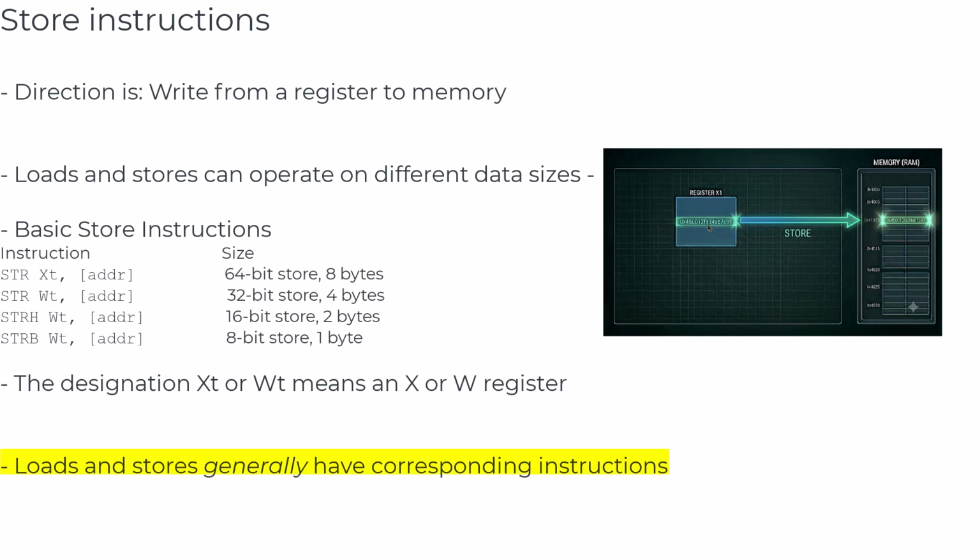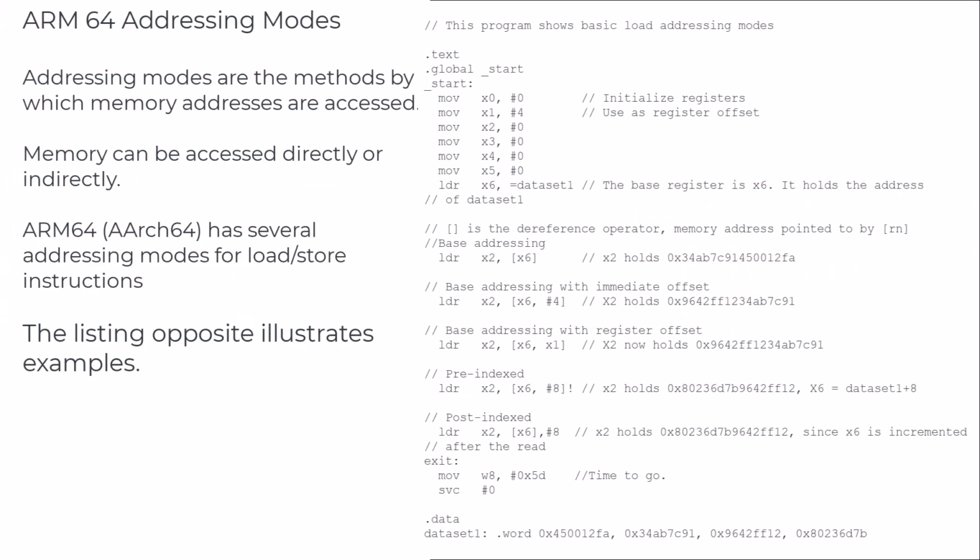And as we progress through our programming journey, this will start to become second nature. The way that we access memory can be different depending on what our ultimate aim is. We refer to these different ways of accessing memory as the addressing modes.